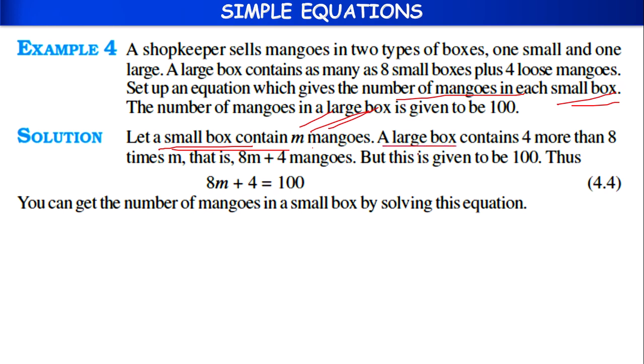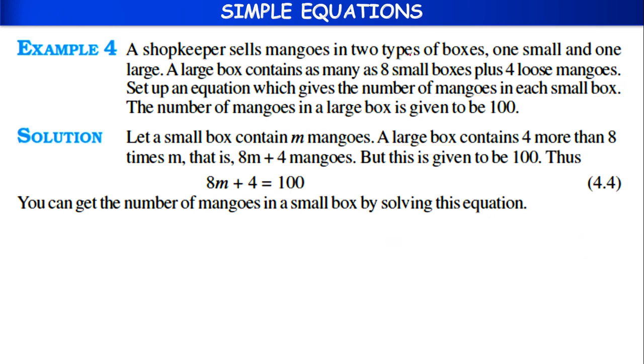Then the large box contains 4 more than 8 times m, because they have given the large box contains as many as 8 small boxes, means 8 times of small boxes, plus 4 loose mangoes.